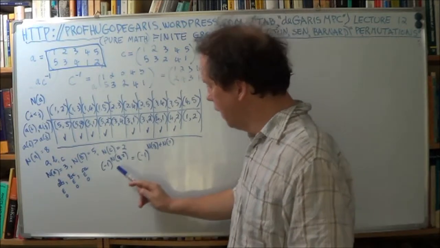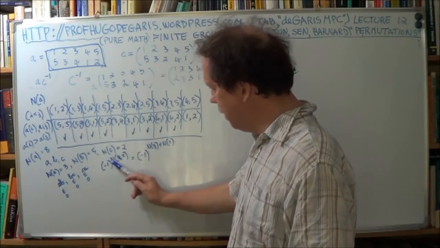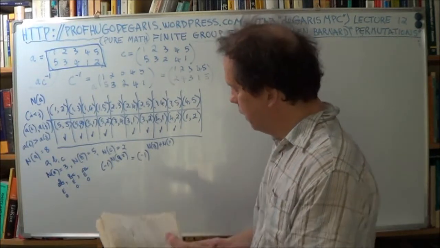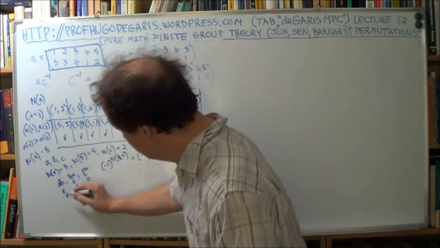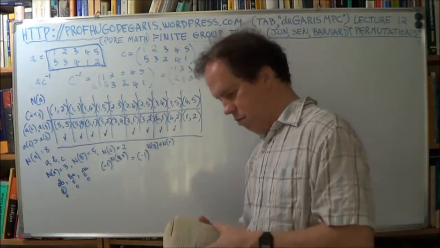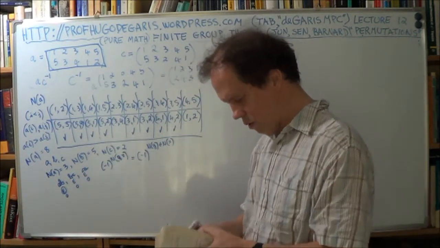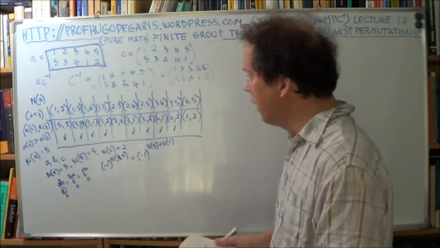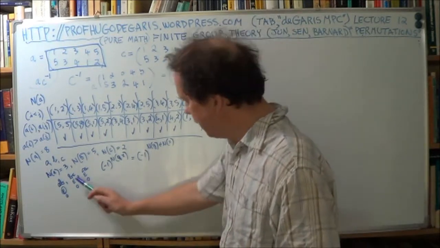That's plus 1. Okay, so that means that this n of yx also has to be even, right? So the answer to this is AB is even. Let me just check. So it's question 4. Yeah, even, right?